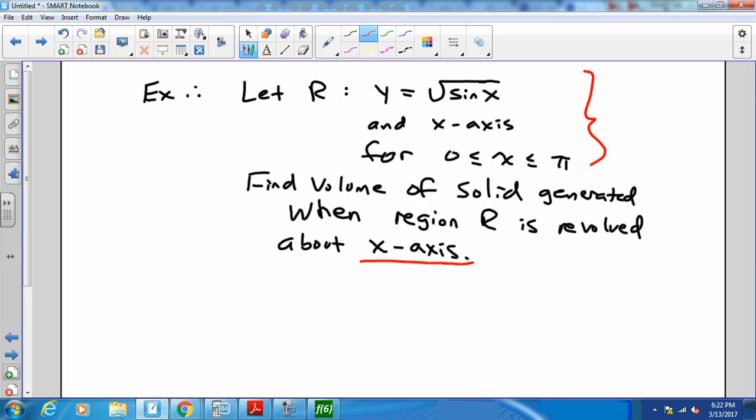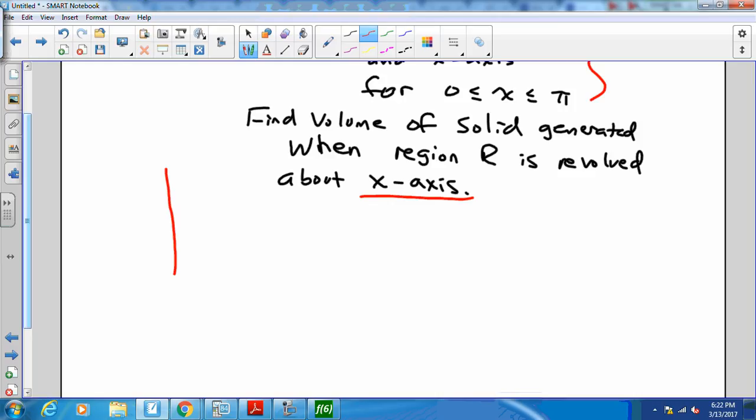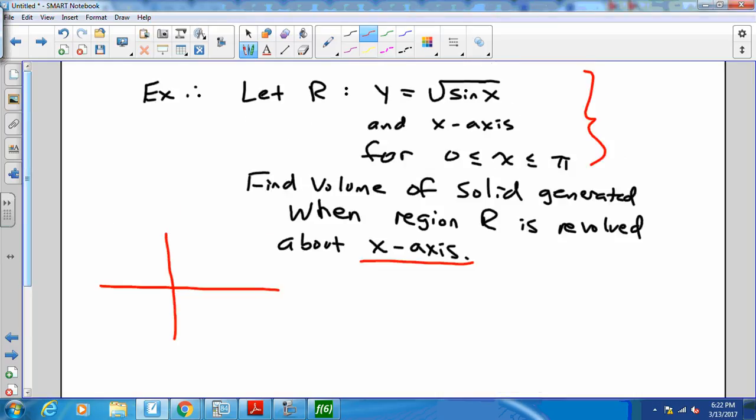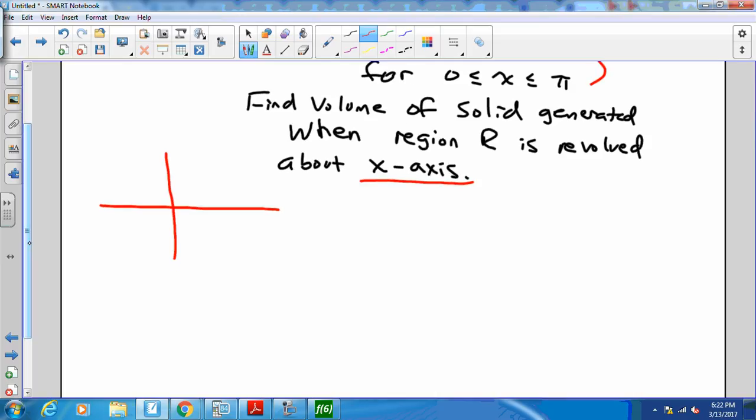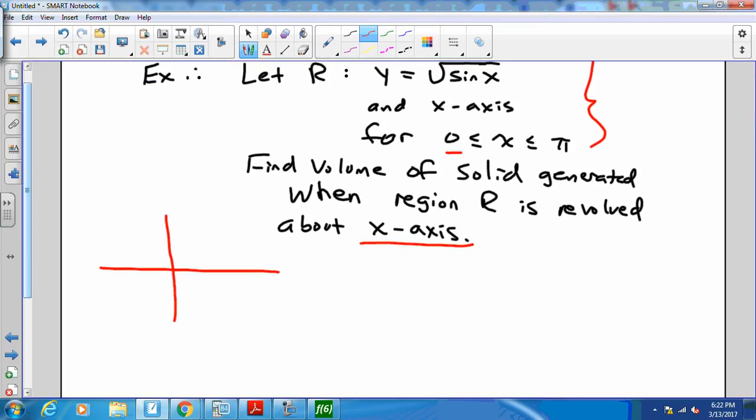So what we have is a particular region, and we have an axis of revolution. These are really the two things that we want to look for here. And we want a sketch of our region. And so we sketch, what in the world does y equals square root of sine x look like? Well, I don't know. But I do know that when x is equal to 0, y will be 0.